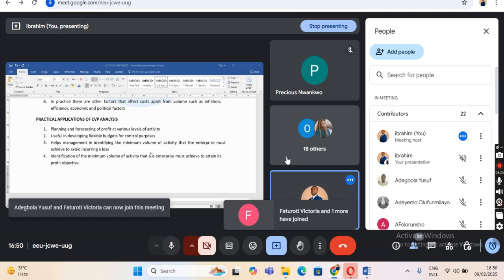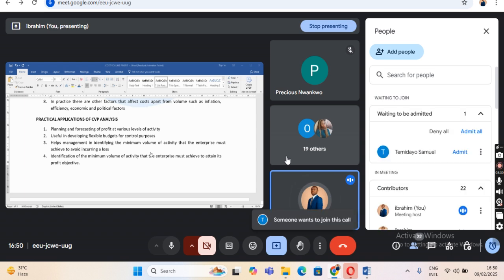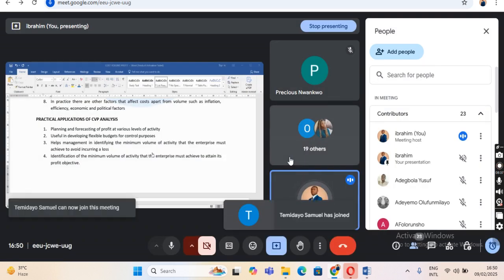Of course, BEP means break-even point. You are assuming that when you want to sell 20 units, what will be the profit? When you want to sell 50 units, what will be the profit after tax? What will be this? What will be that? All right.